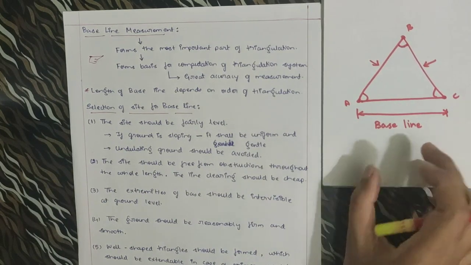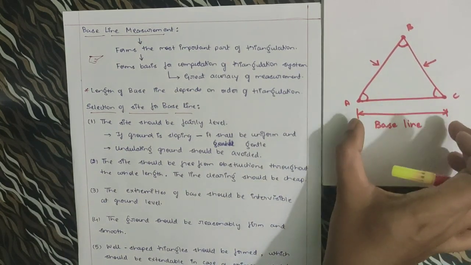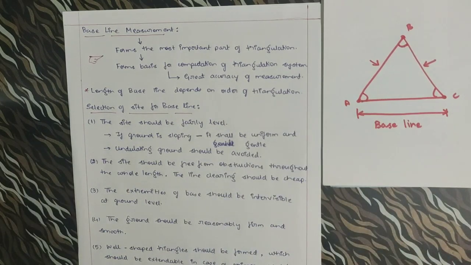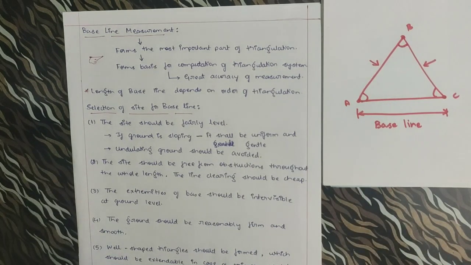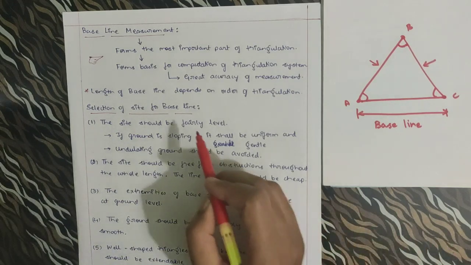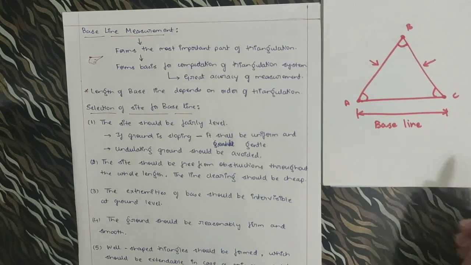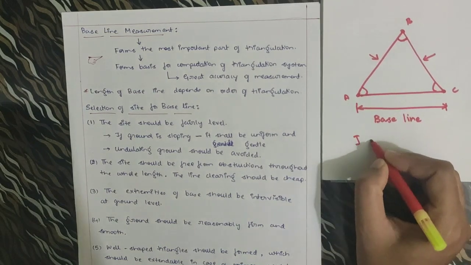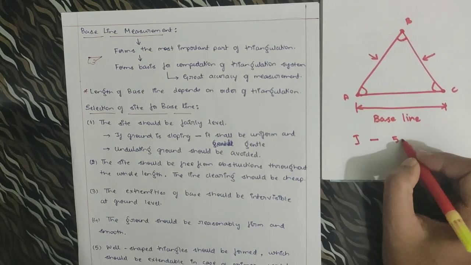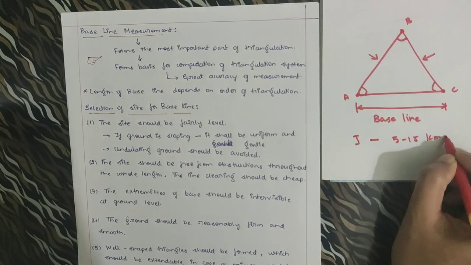Then the length of the baseline depends on the order of triangulation. In the previous video, we had discussed the length of the baseline. That is, for first order triangulation it is 5 to 15 kilometers.